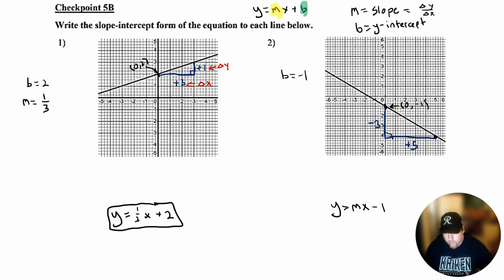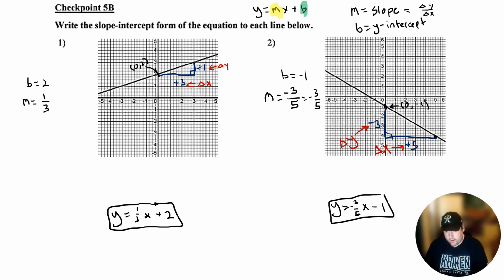Again, this is my delta y value and this is my delta x. So my slope is delta y -3 over delta x positive 5, which is -3/5. Again, 3 and 5 are not divisible by any number other than 1, so I can't simplify. My slope is -3/5, and that is my equation for that line.